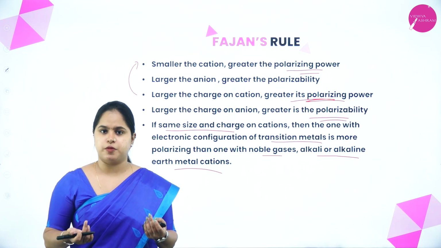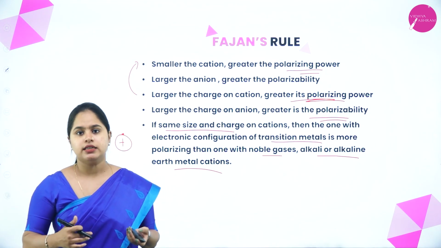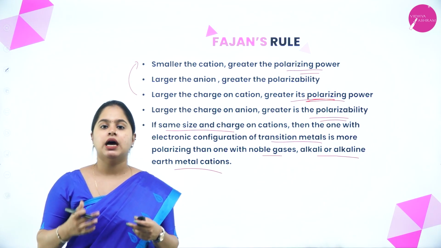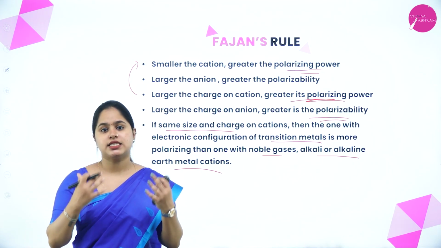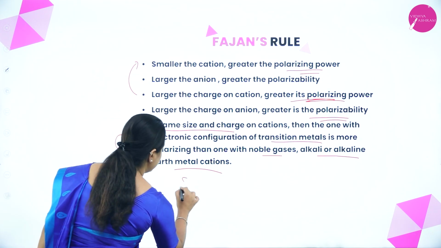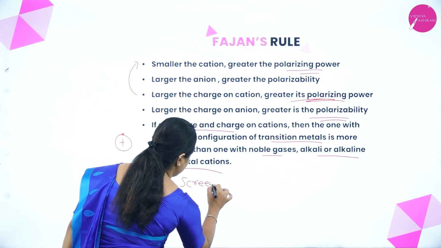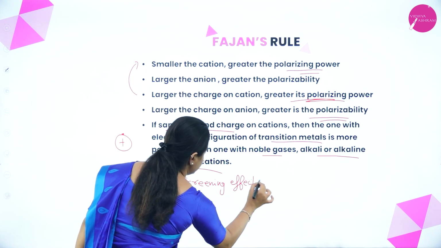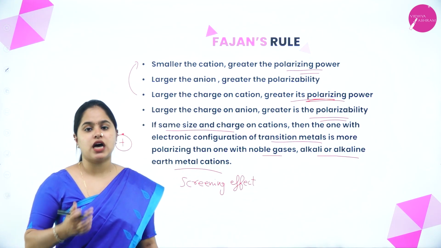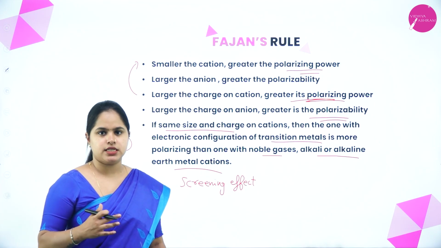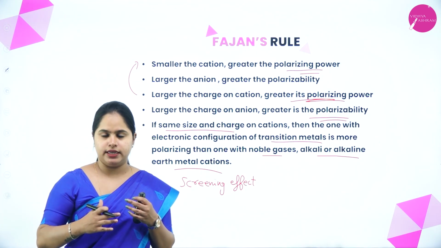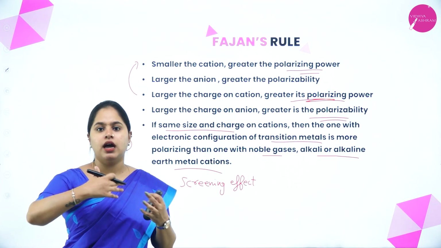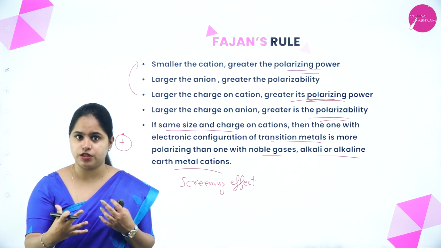Why is that? It is because the d orbitals have less screening effect. The screening effect of d orbitals is very less. That means now the nucleus and the electrons have a good interaction with each other.